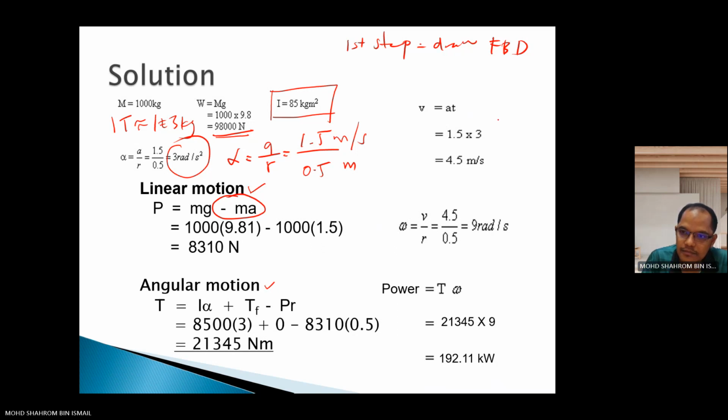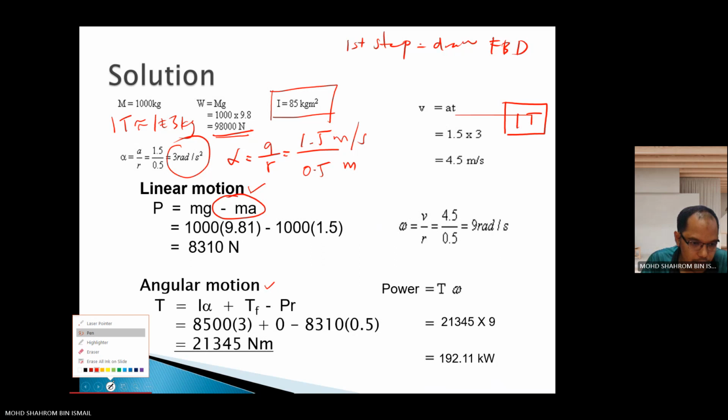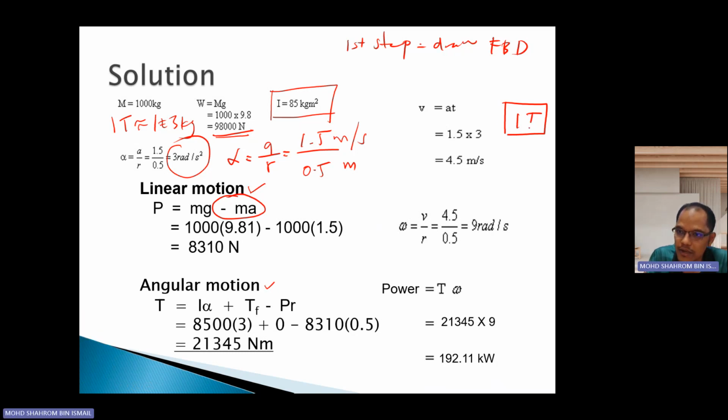Just imagine you have a load here, 1 ton of mass. It descends downward.